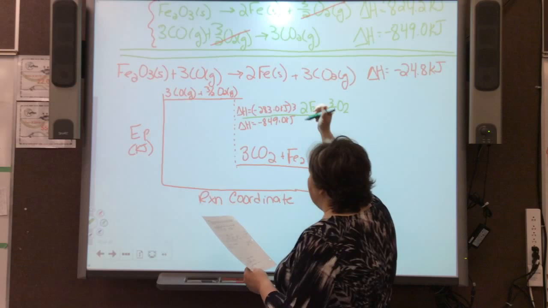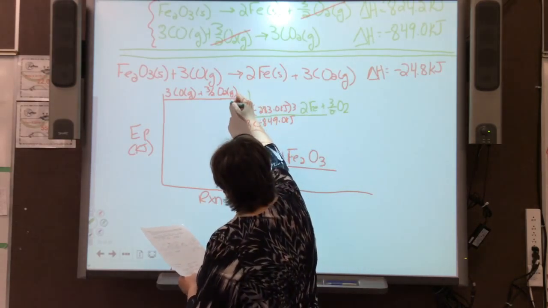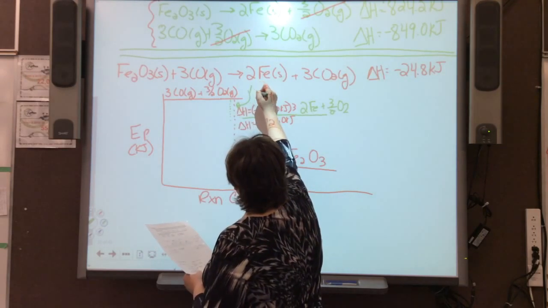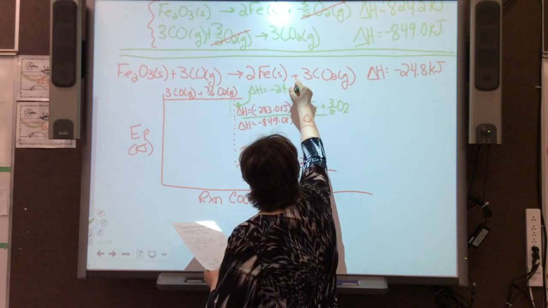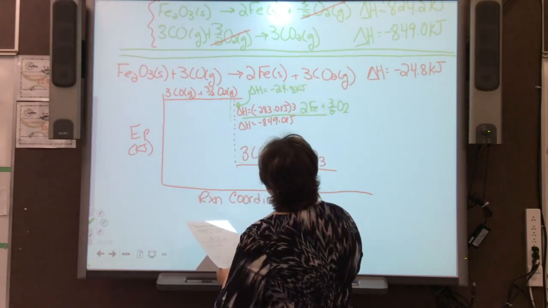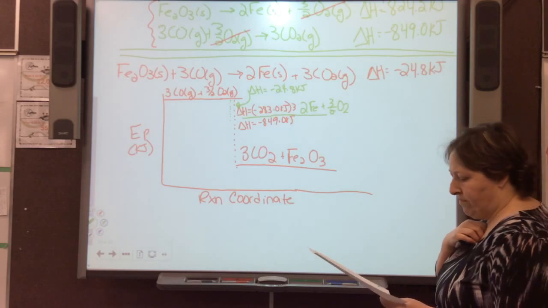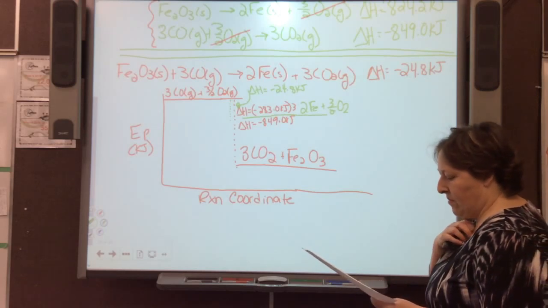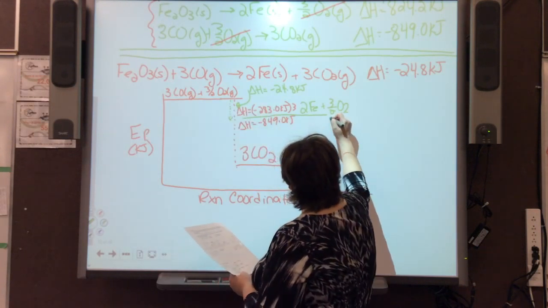And this delta H right here, this distance here in the green, is 24.8 kilojoules. Okay? So we have this energy drop too.